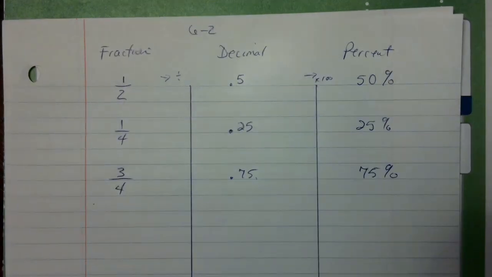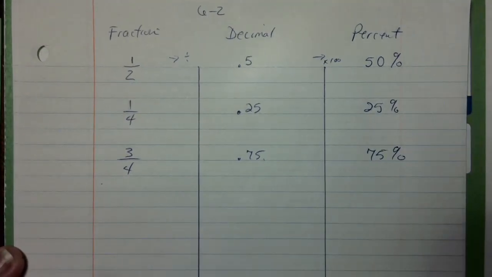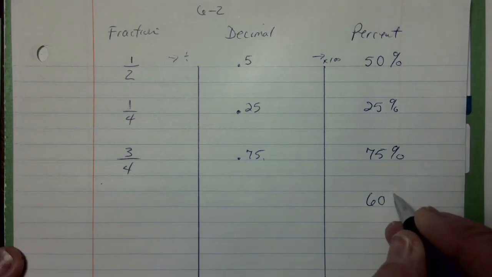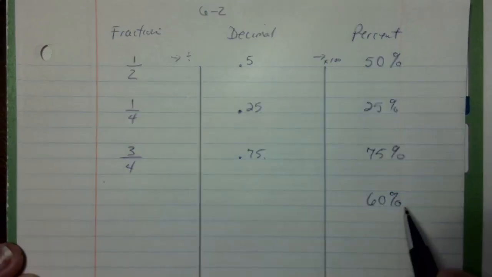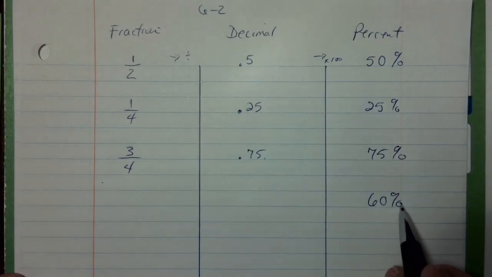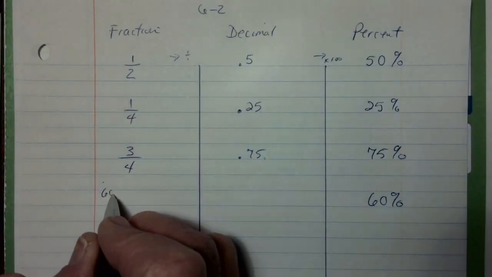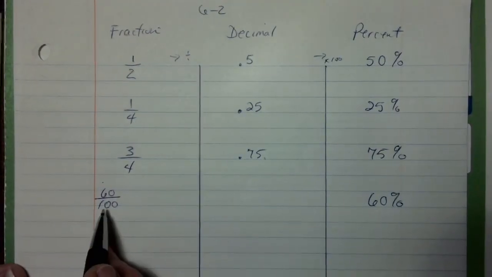Now what's going to happen if I don't go from here to here to here? What if they give me 60% and they want me to find the other two? Well, when we say percent, that means, let's go do the fraction first. That means 60 out of 100. And then we have to reduce that fraction.